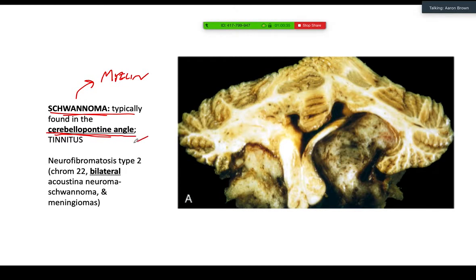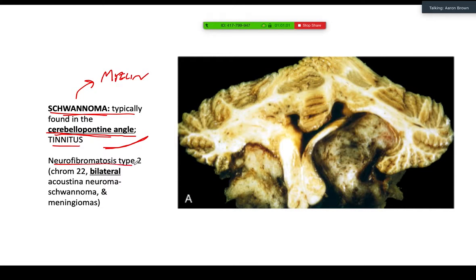Well, that is where cranial nerve 7 and cranial nerve 8 are going to leave our brain and enter and sort of go through the auditory canal, external or internal auditory canal, and leave the inside of our skull. And so if we have a growth there, that may cause problems with our vestibular system and cause tinnitus.